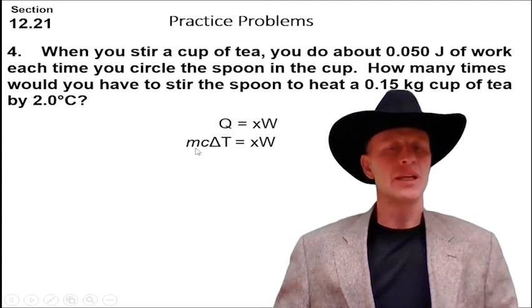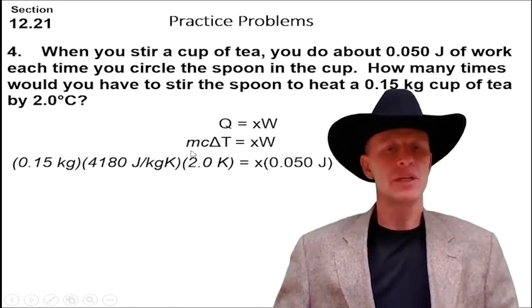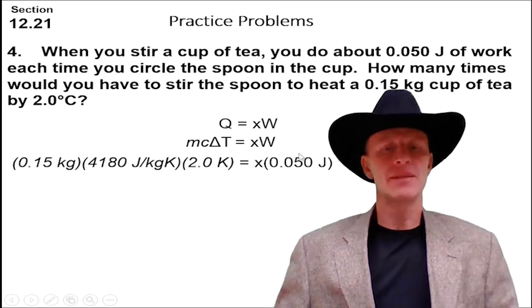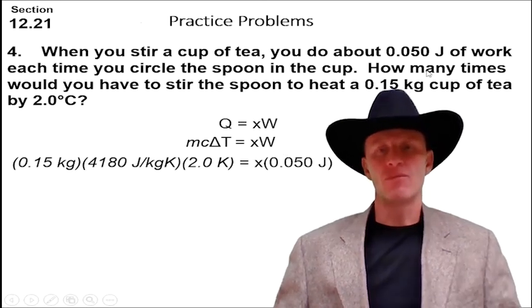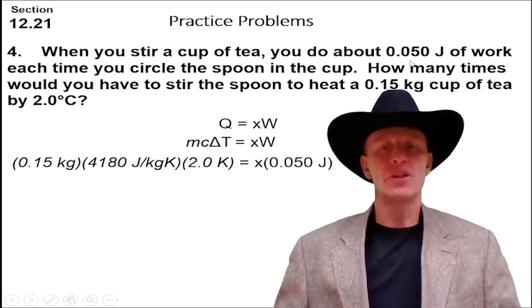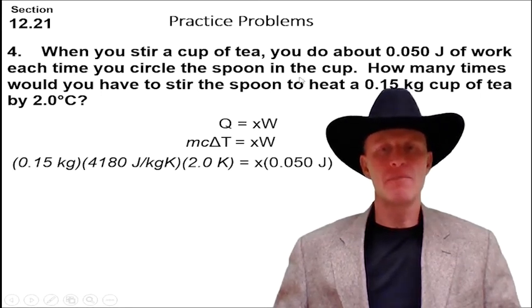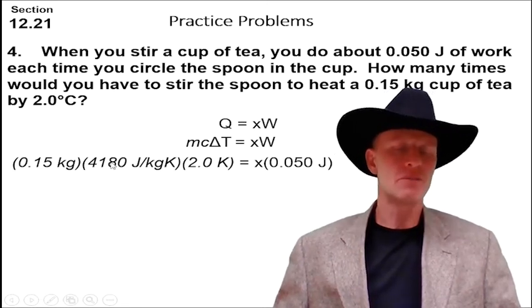Our Q formula again is mc delta T, and we're talking about the mass of the tea, which is given, and work is force times distance, but it's given. Work is already calculated for us, 0.050. On the left-hand side, we insert the mass of the cup of tea times, well, tea and water is about the same thing.